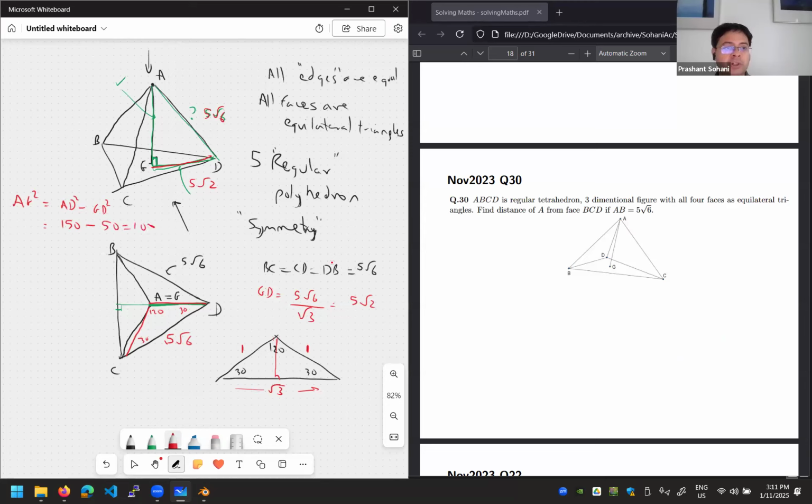So AG square is 100. So AG is 10. Okay. So you see, looking at this diagram from the top was very helpful. That immediately you realize that this GD is nothing but just the distance of the center of the equilateral triangle to one of the vertices.